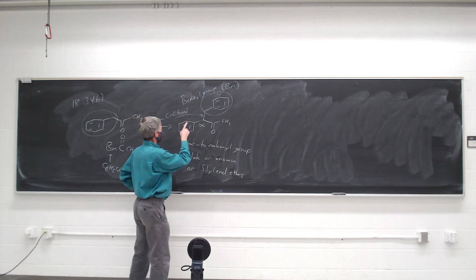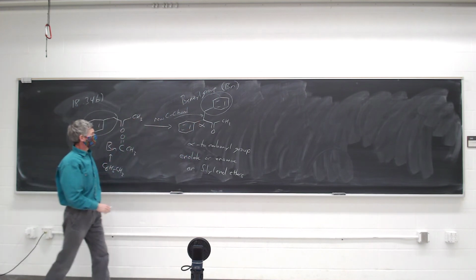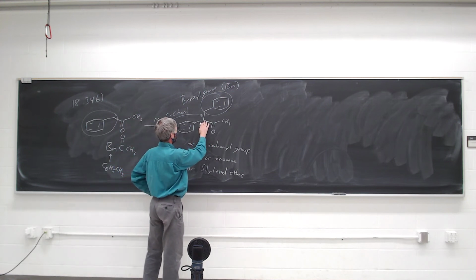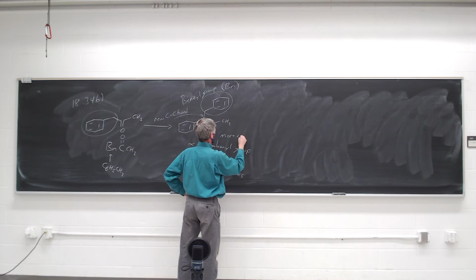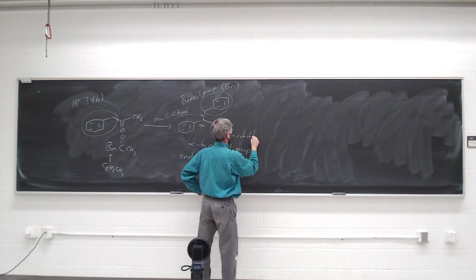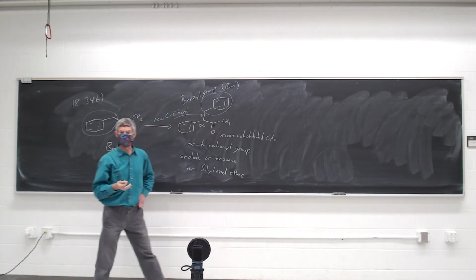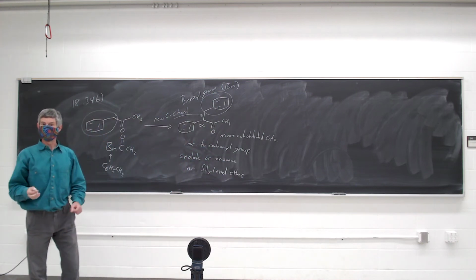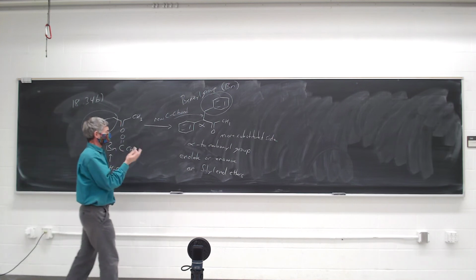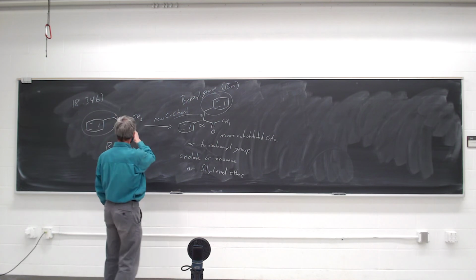So either we're going to make an enamine first, and because this is at the more substituted side, an enamine makes sense because enamine formation is an equilibrium reaction that always yields predominantly the thermodynamic product.